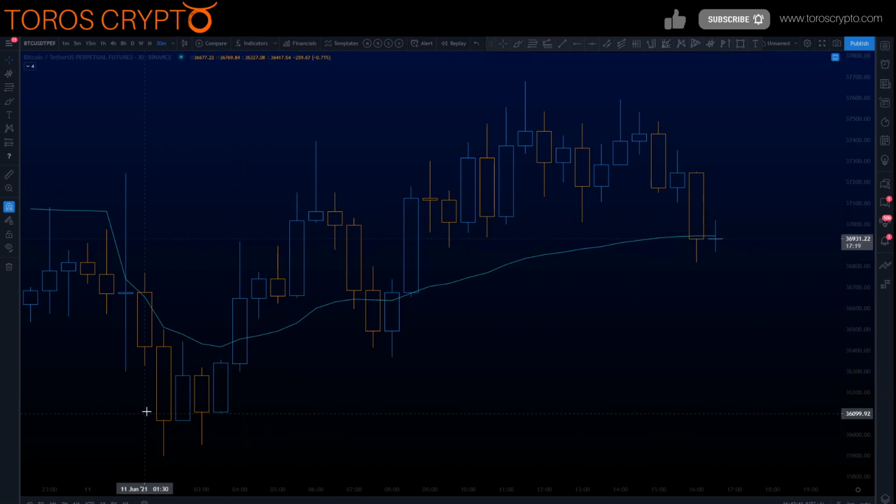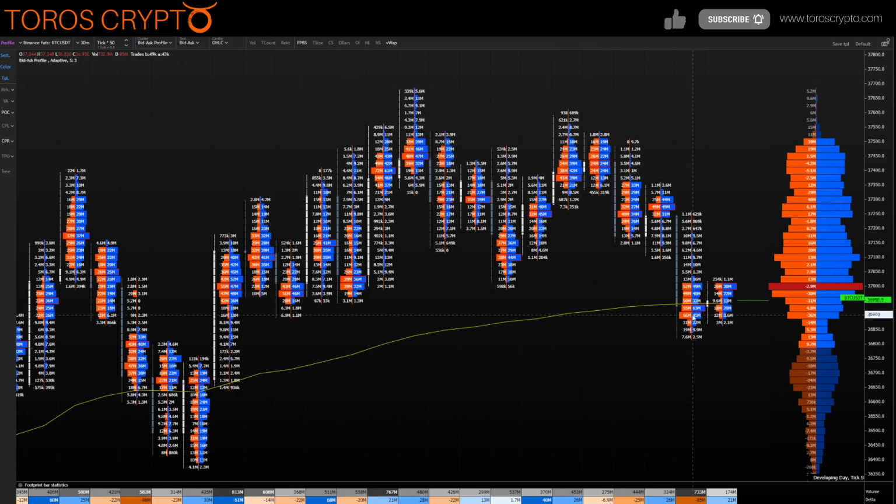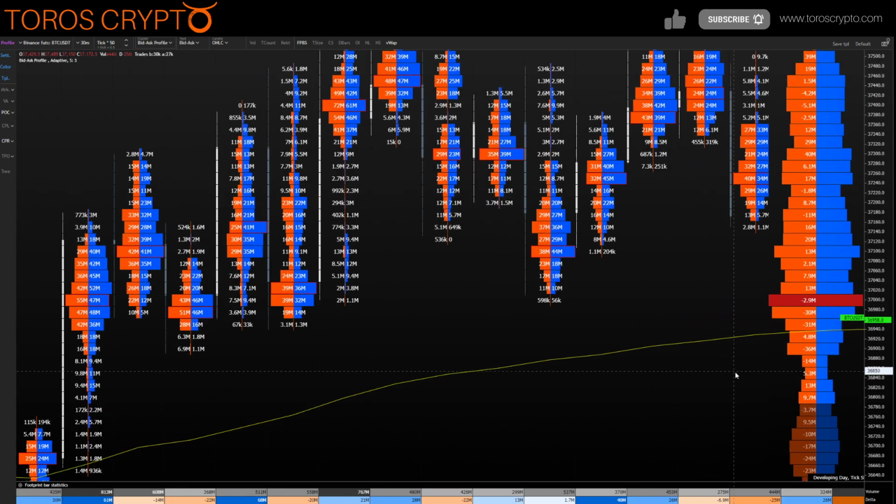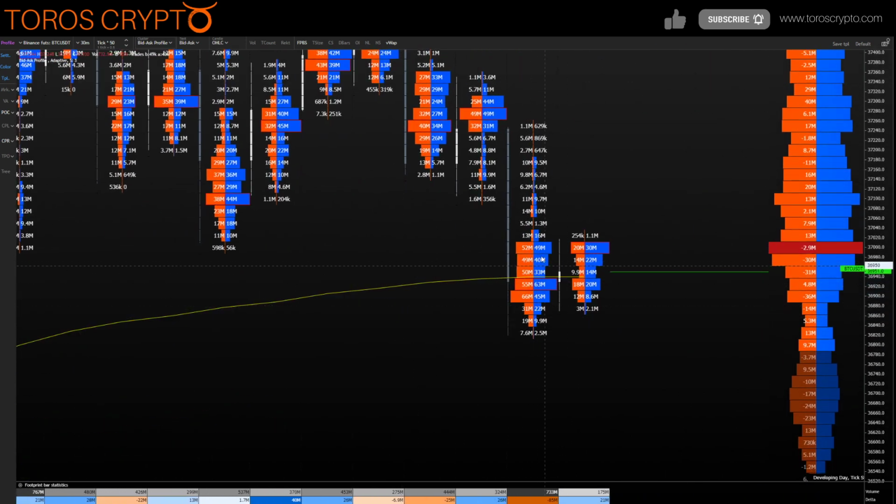Like, how do you know from looking at this candle where most of the transactions were taking place within it? It's impossible. There is just no way to know unless you're using a footprint chart, and you can say, okay, look, we have a lot of volume right at the lows here, so there's clearly a lot of interest at the lows.